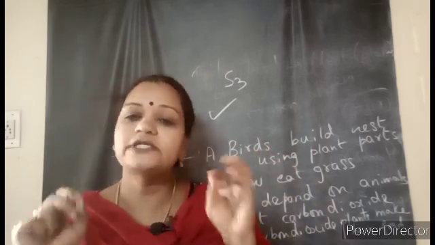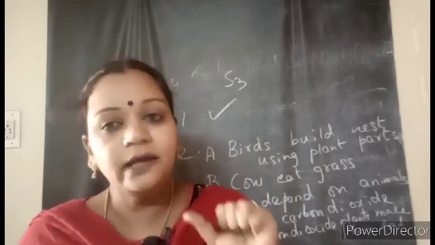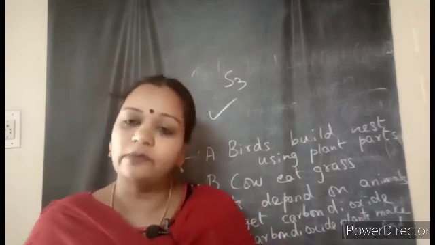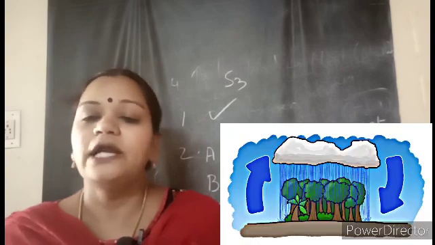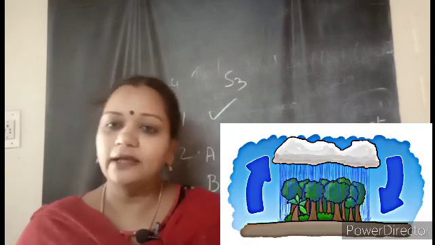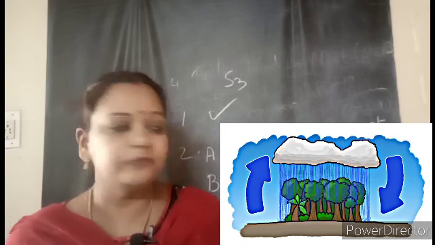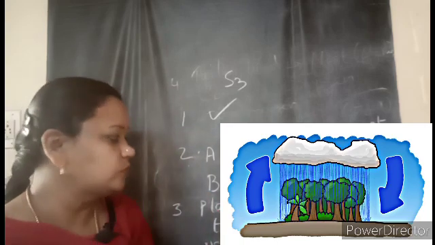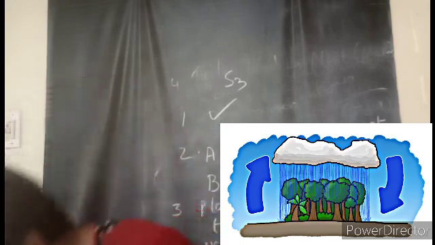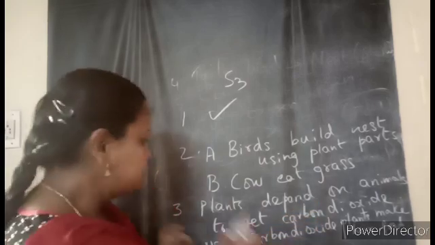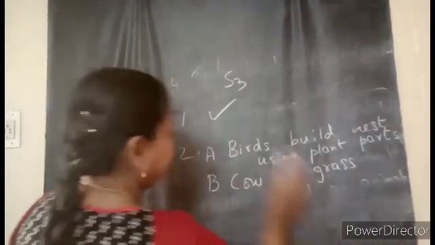For both purposes the animals need the plants, and apart from this, all the animals depend on plants for getting the rainfall. And how are plants going to depend on animals? Plants depend on animals to get the carbon. I think you are unable to see this, I'll write it up.